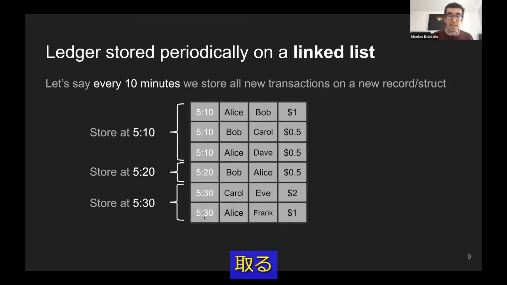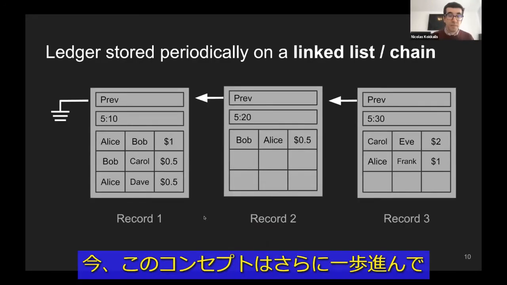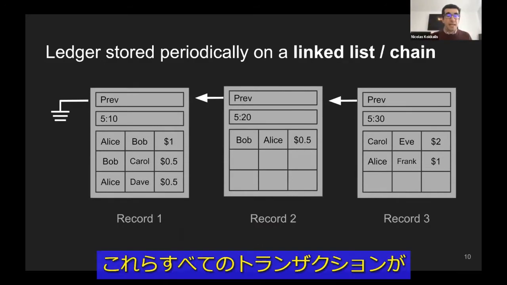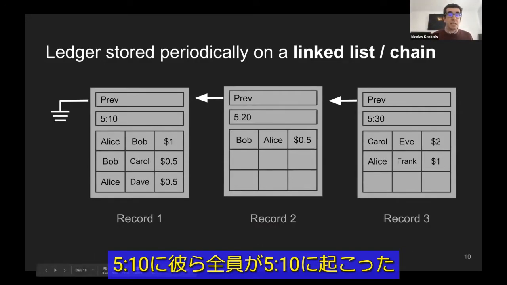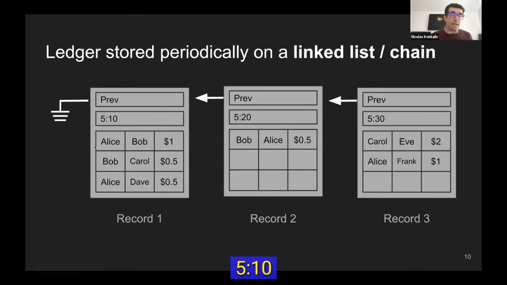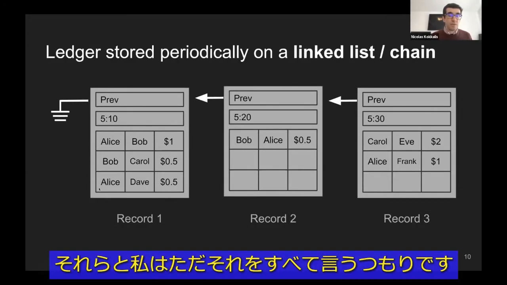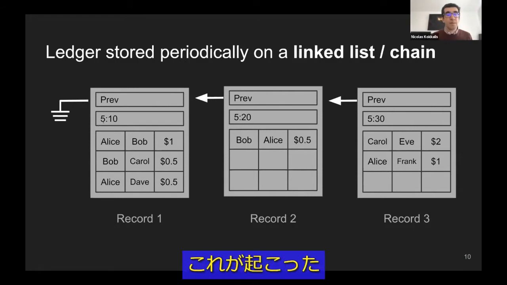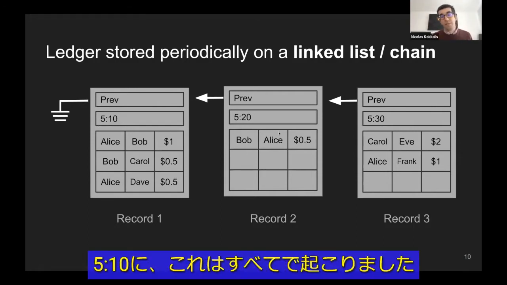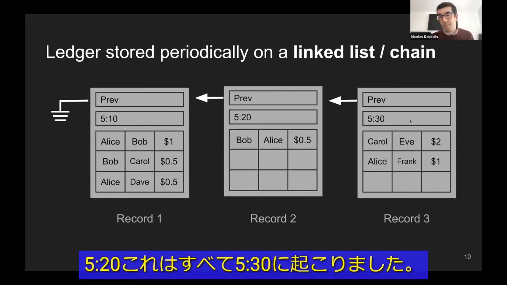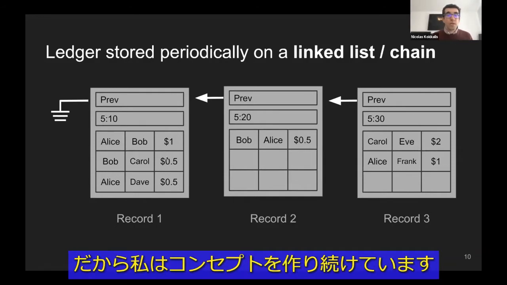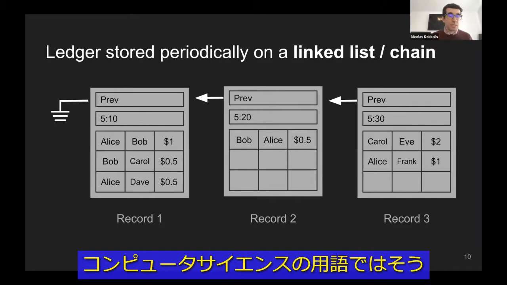Okay, let's take this concept one step further. Because all these transactions here happened at 5:10, I don't need to store 5:10 on each one of them. I'm just going to say that all of this happened at 5:10, all of this happened at 5:20, all of this happened at 5:30. So I'm creating the concept in computer science terms.